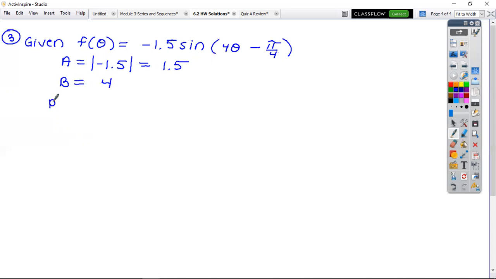So we're going to do period equals 2 pi divided by B. So this is going to be 2 pi divided by 4, which reduces to pi over 2, which is equivalent to, remember, 180 over 2, 90 degrees.